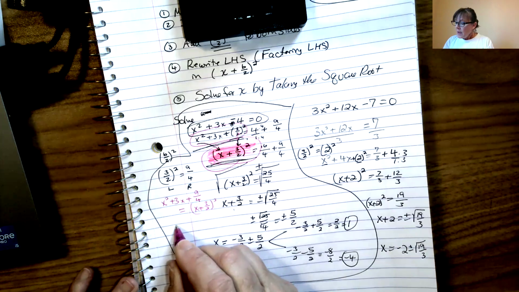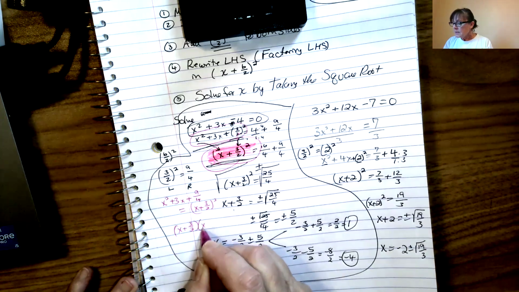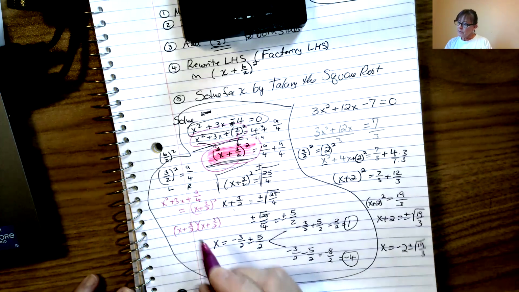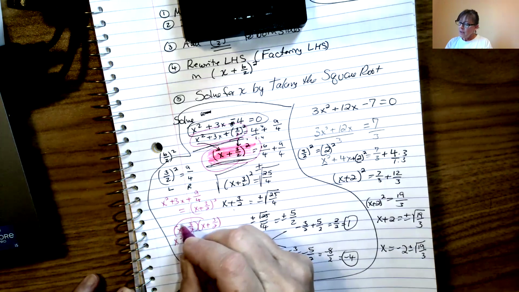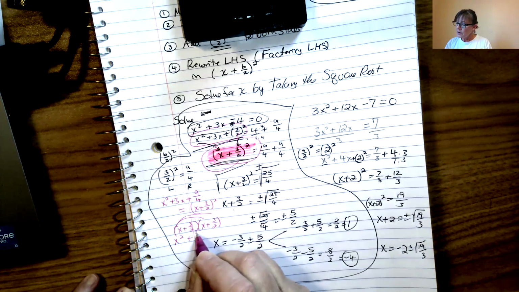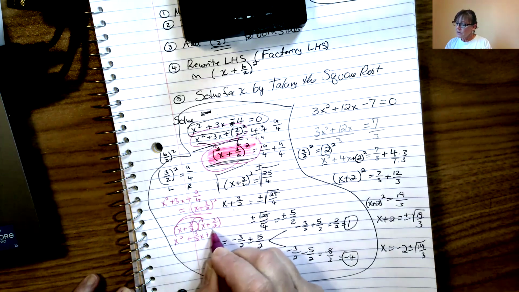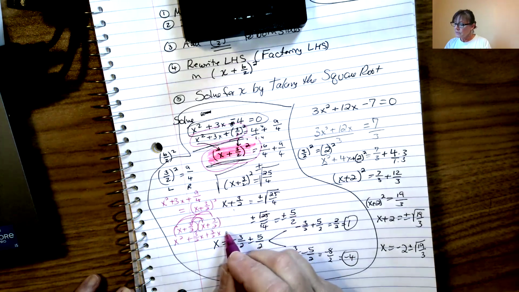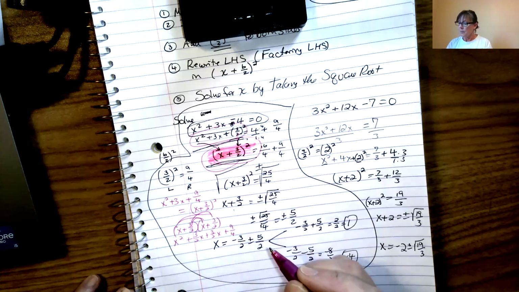So x plus 3 over 2 times x plus 3 over 2 is x plus 3 over 2 squared. So if you expand that, x times x is x squared. X times 3 over 2 is 3 over 2 times x. 3 over 2 times x is 3 over 2 times x. And 3 over 2 times 3 over 2 is 3 times 3 over 2 times 2.